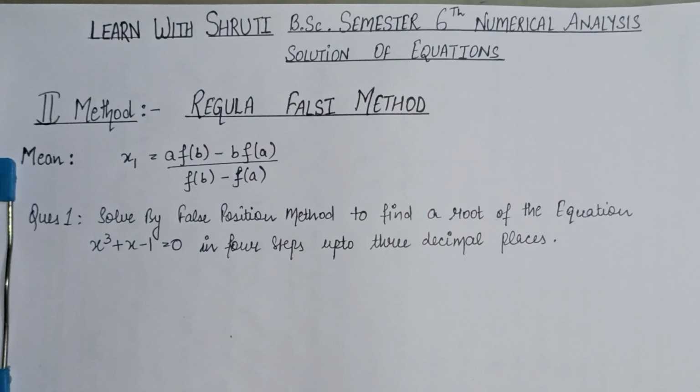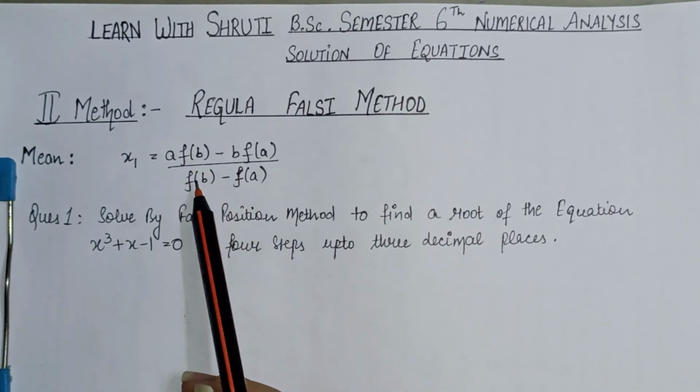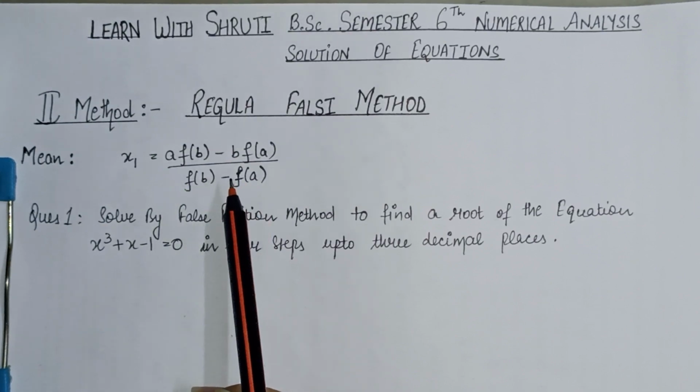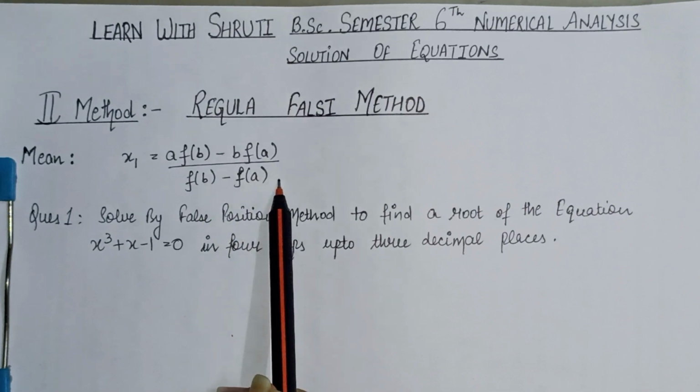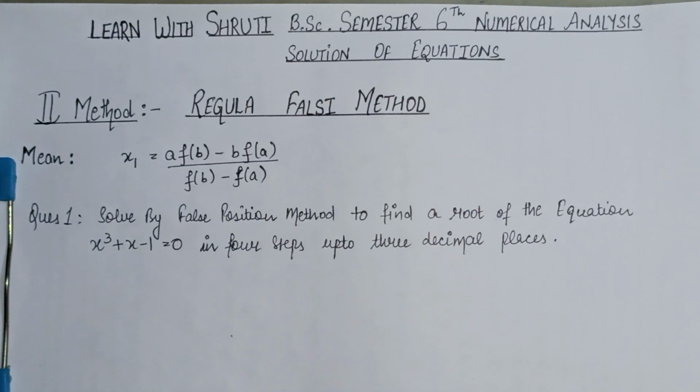So the basic difference between the two methods, that is the bisection method and the Regula Falsi method, is that the mean of the Regula Falsi method is represented by this formula: x1 is equal to a f of b minus b f of a upon f of b minus f of a, where a and b are two real numbers such that f of a and f of b are of opposite signs, that we have studied in the working method of the bisection method earlier.